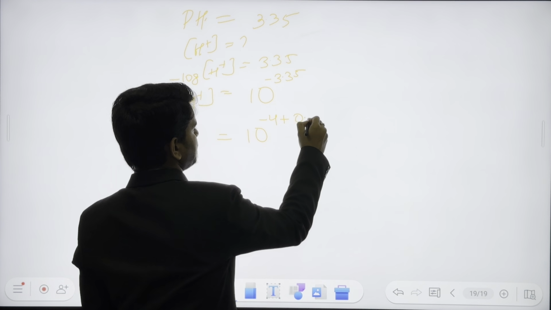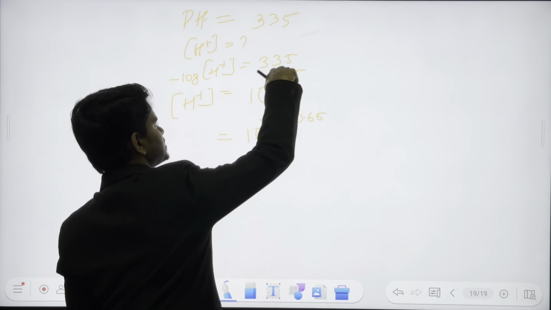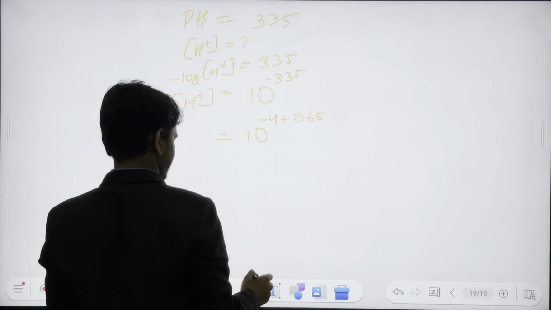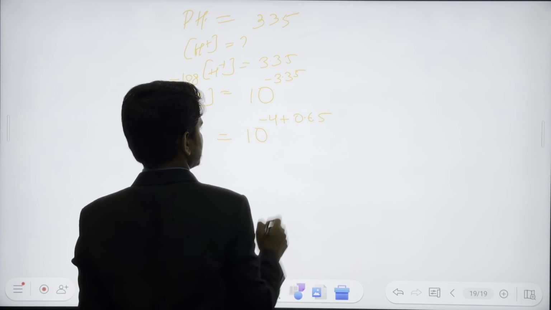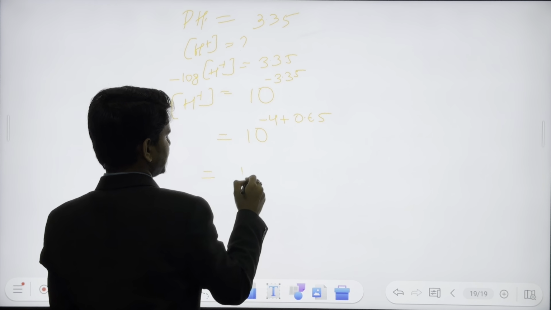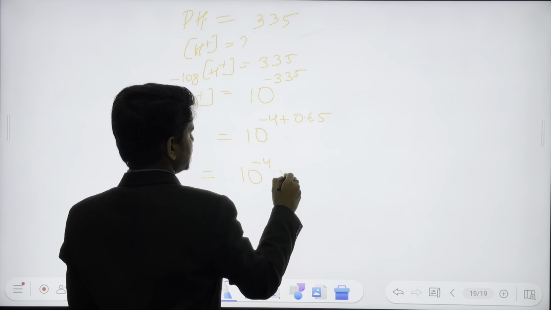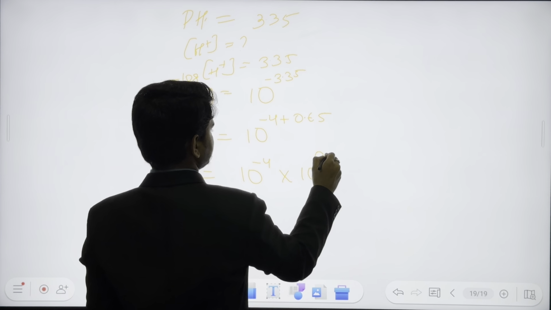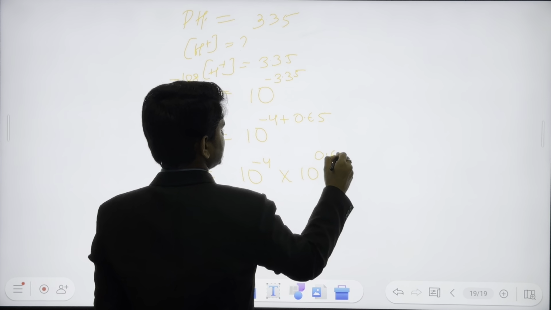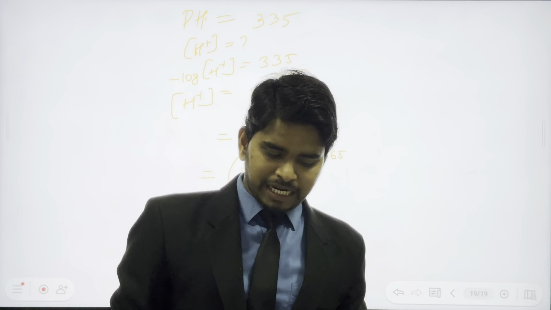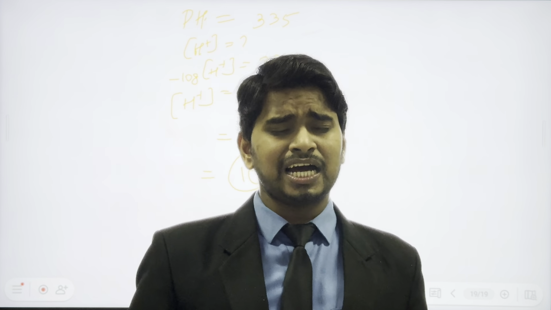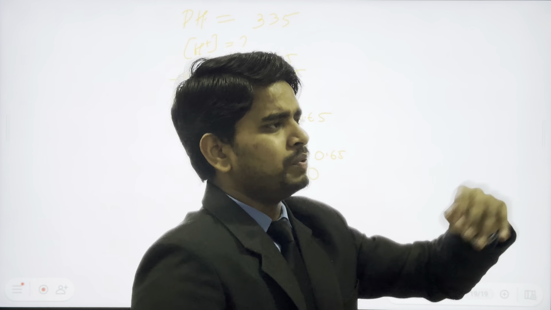So minus 4 plus 0.65, the value is minus 3.35. Okay? And we can write it as 10 to the power minus 4 into 10 to the power 0.65. And guys, this is standard form. We have to write it in the standard form.